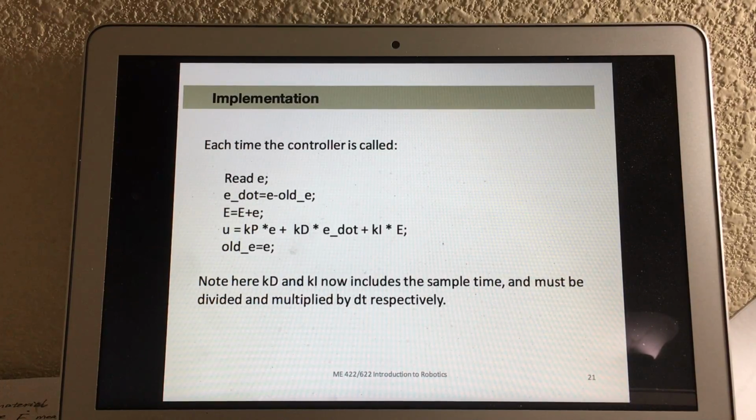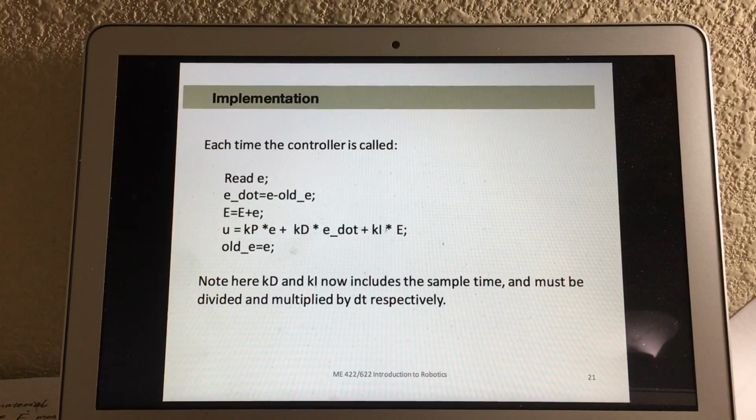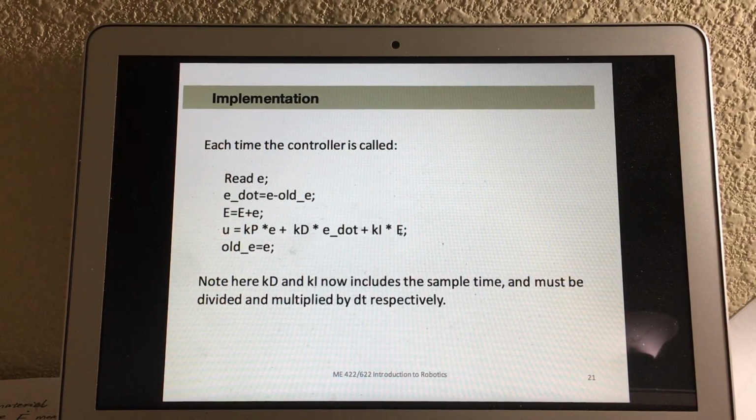Note here, Kd and Ki now include the sample time, and must be divided and multiplied by dt respectively. It should be Ki times the integral, but this e here is not the whole integral.